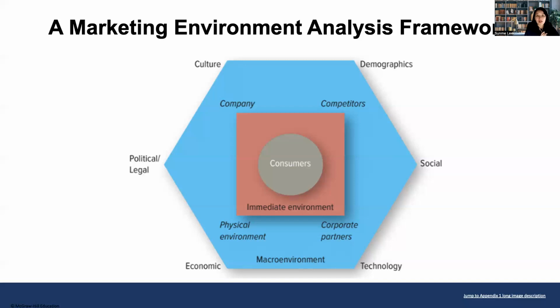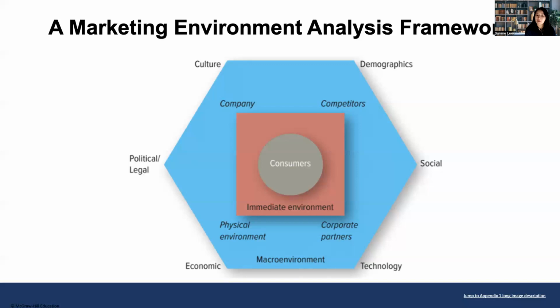When you look at the diagram of the marketing environment, we've got the consumers in the middle. In every marketing diagram that you see, the consumer should be in the center, because that's how organizations need to be structured, and we need to make sure that we are actively fulfilling consumers' wants and needs and doing a good job with it.